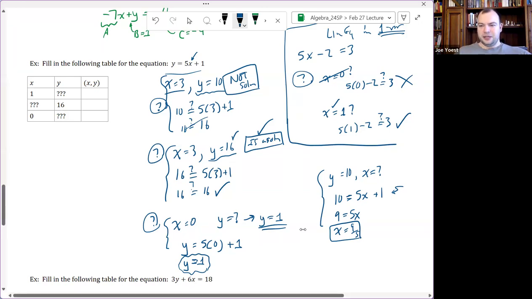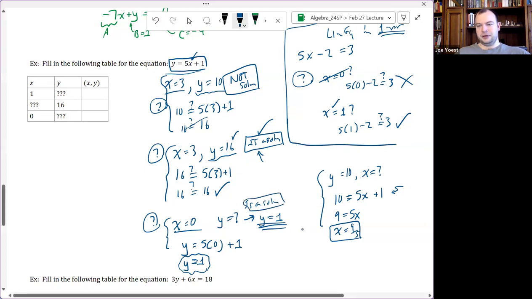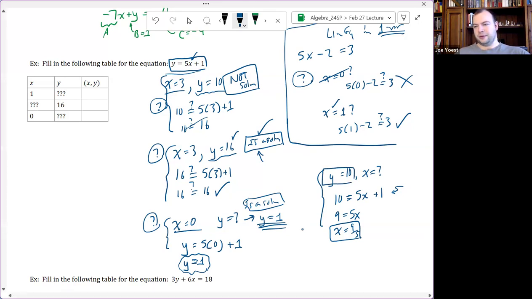But something that I realize is that x equals 3, y equals 16 is a solution to this equation. X equals 0, y equals 1 is a solution. This one I kind of constructed. X equals 9/5, y equals 10 is another solution.